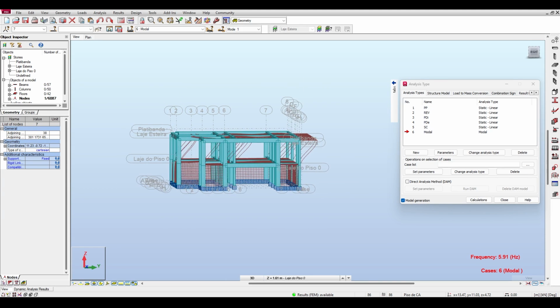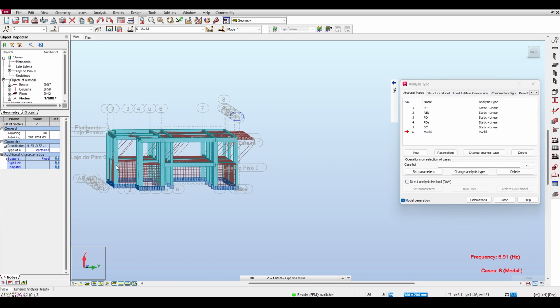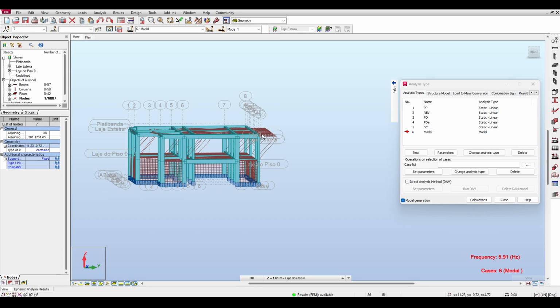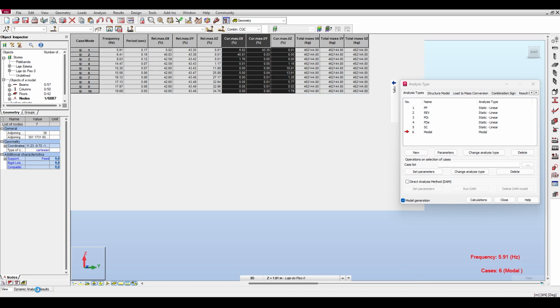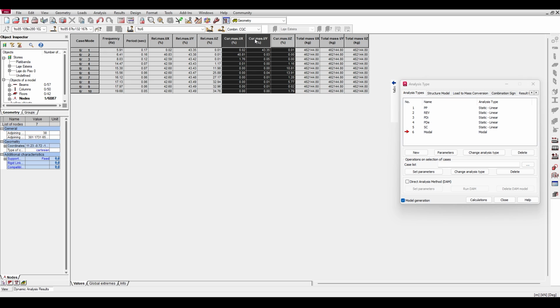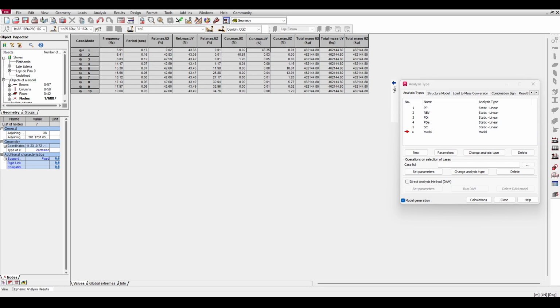So what I'm trying to say is the mass of the structure is moving in the Y direction, okay? And because mode 1 moves the mass in the Y direction, if you go to the modal analysis results, you can see that indeed mode 1 moves around 43% of the mass in the direction of Y, okay?